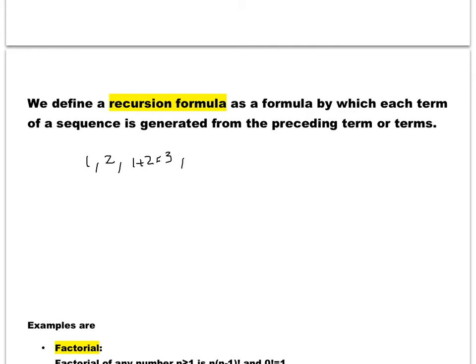The next term is going to be 3 plus 2, which is going to be 5. The next term is going to be 5 plus 3, which is going to be 8. The next one is going to be 8 plus 5, which is going to be 13, and so forth. Again, recursive definitions are very, very important, and I'm going to give you examples of these in a few seconds.